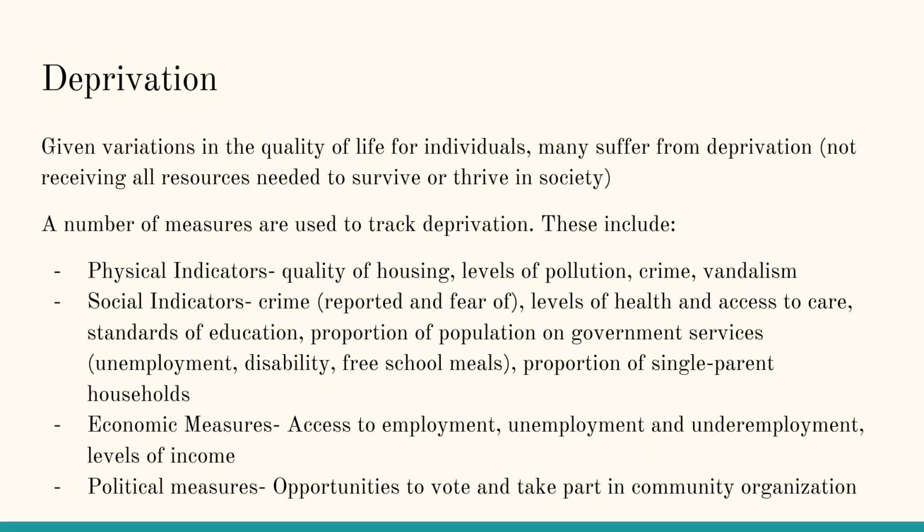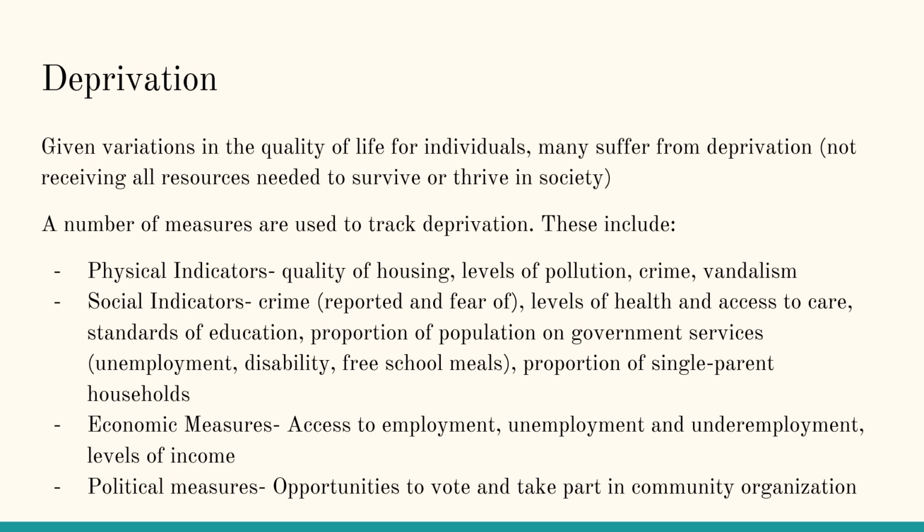And all of this leads into a term that we're going to be discussing throughout this unit, and that's the term of deprivation. Deprivation is not being able to receive all resources that are needed to survive or thrive within a given society.